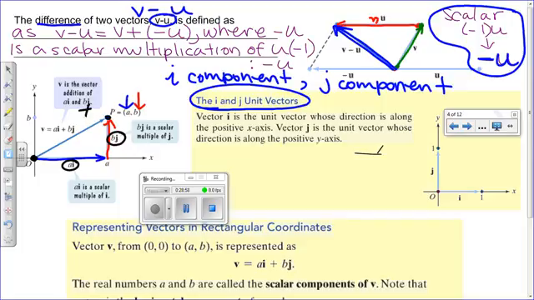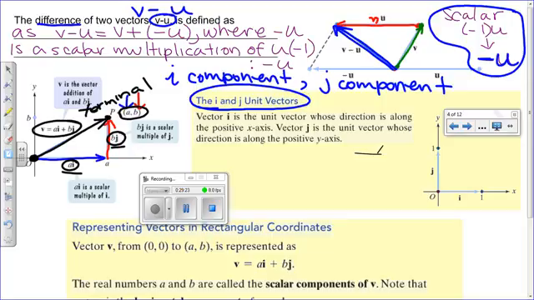Okay, so the terminal point is given by those coordinates, by the i and j component, and the initial point will be at the origin. And this is the vector, the actual vector. Okay, so now we're going to start looking at them that way.